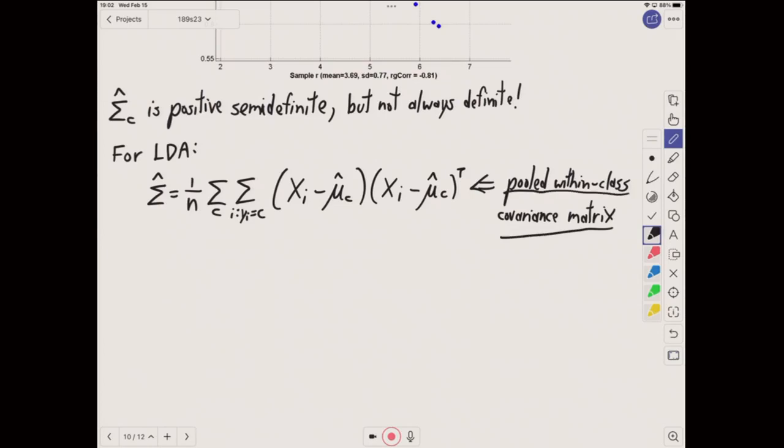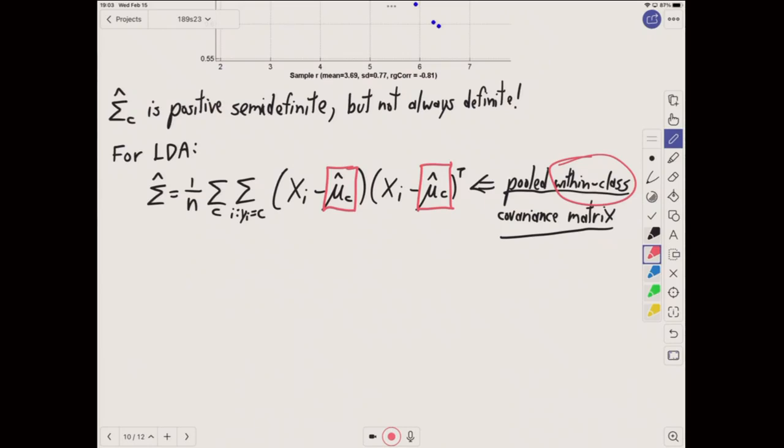All right, what does that mean? Let's focus on the within class part of that. Within class is referring to the fact that when we do this part of the computation for a particular sample point, we are doing it with the mean of that sample point's class. We're not doing it with the global mean. We're doing a separate mean for each class.